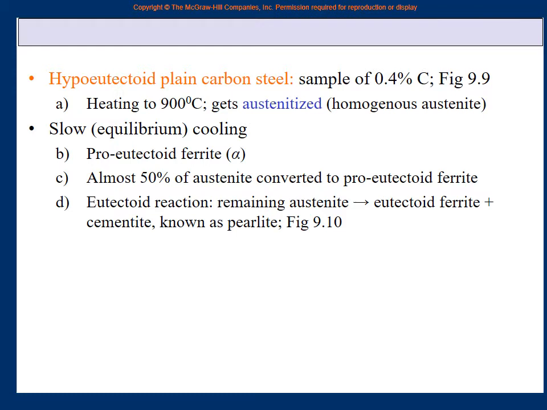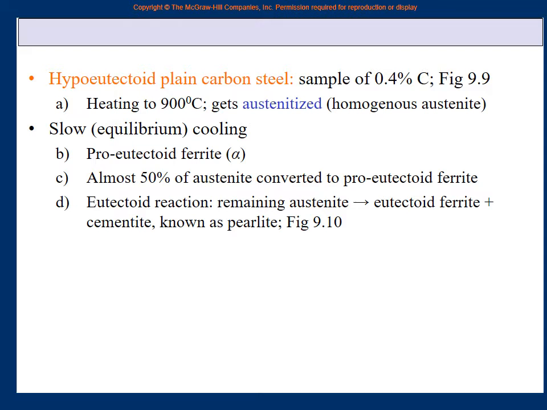Plain carbon steel, of course, means we are not adding any other metals or materials. It is just iron and carbon. If we add other things, manganese, chromium, then it will not be a plain carbon steel. So plain carbon steel is all we are studying for now, and hypo-eutectoid means the percentage of carbon is less than 0.8.